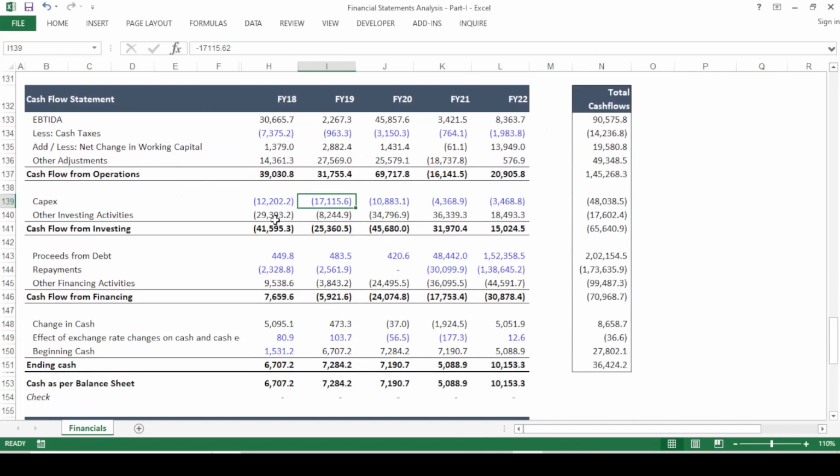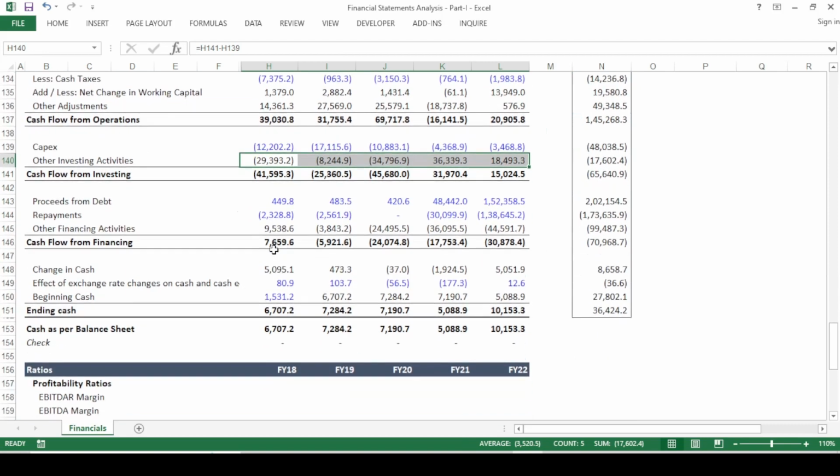And then I have used the other investing activities as a plug, and I've hard coded the cash flow from investing values here. This is going to be related to some activities such as the interest income, as we discussed above in the income statement, or maybe the redemption of certain investments, or maybe the purchase of investments, which is going to be an outflow.